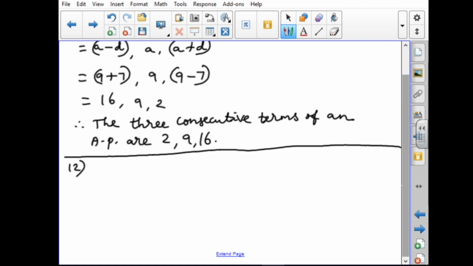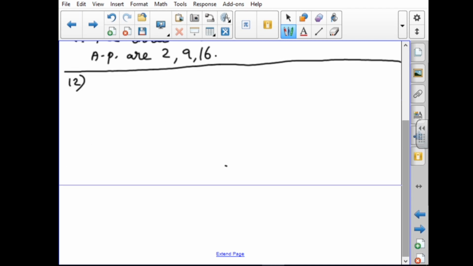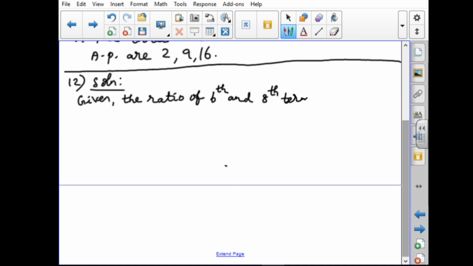The first condition they have given is the ratio of the 6th and 8th term of an AP is 7:9.